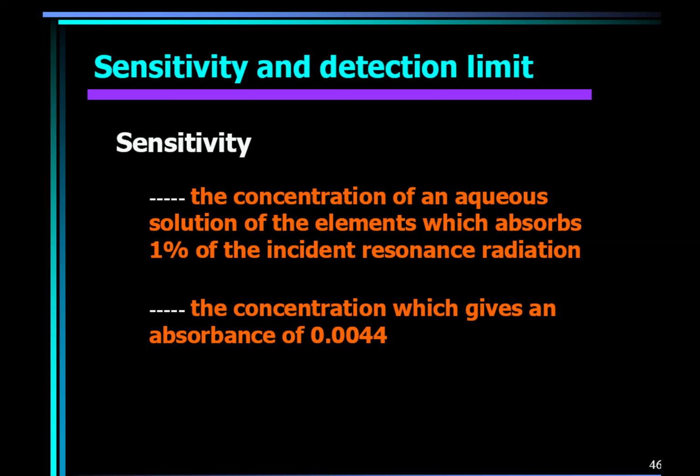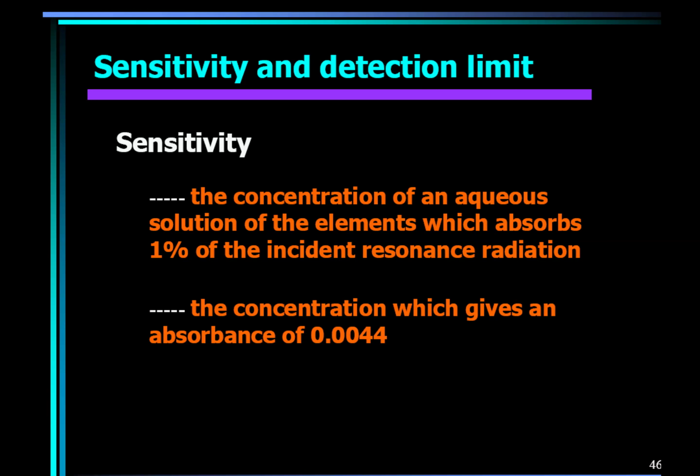We define this in two ways in AA. It's the concentration of an aqueous solution of the element which absorbs 1% of the incident resonance radiation. This is specific for AA. We define it as that concentration in an aqueous solution that absorbs 1% of the incident radiation.